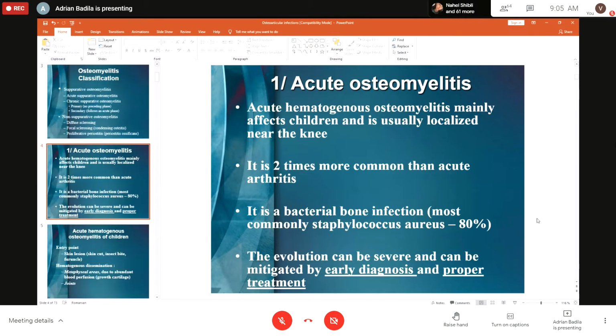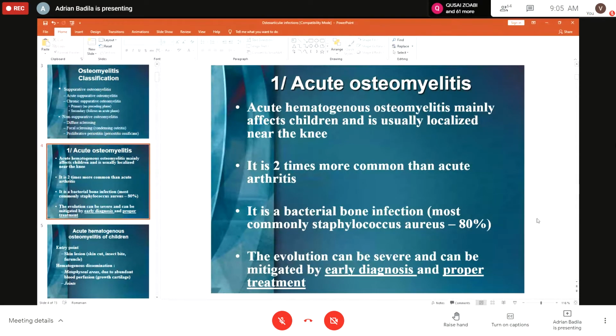The first topic for today, the acute osteomyelitis. It appears mainly in children, and it is usually localized near the knee. That means in the distal part of the femur and in the proximal part of the tibia. It is 2 times more common than acute arthritis.